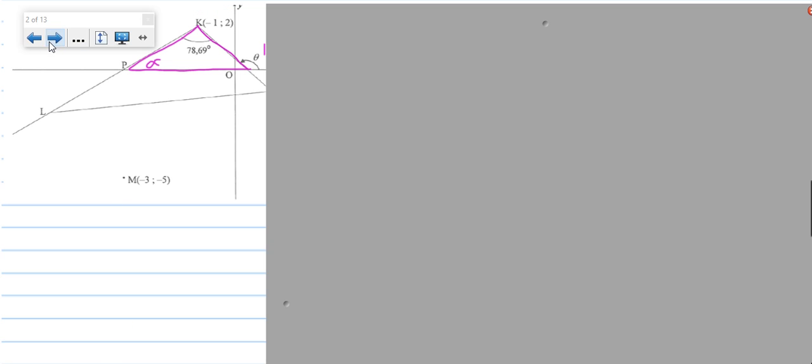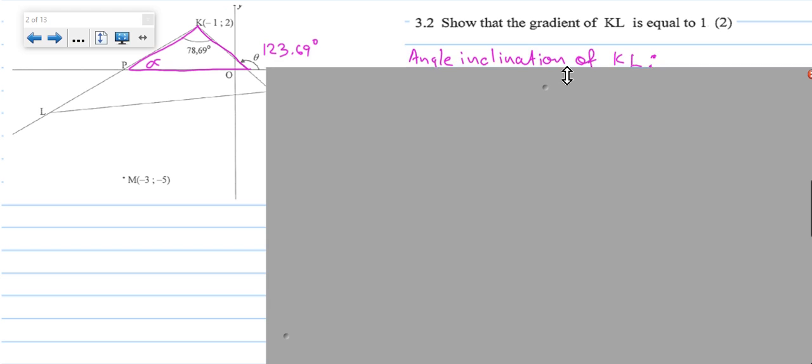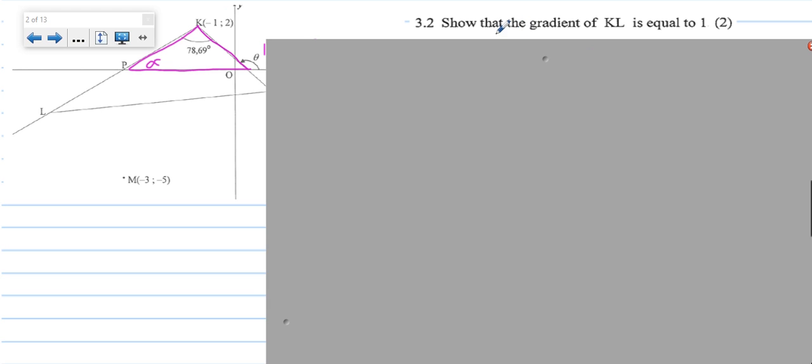The next question, 3.2, show that the gradient of KL is 1. Now KL does not have another point, so clearly we cannot use the inclination formula, that is gradient equals tan of an angle.